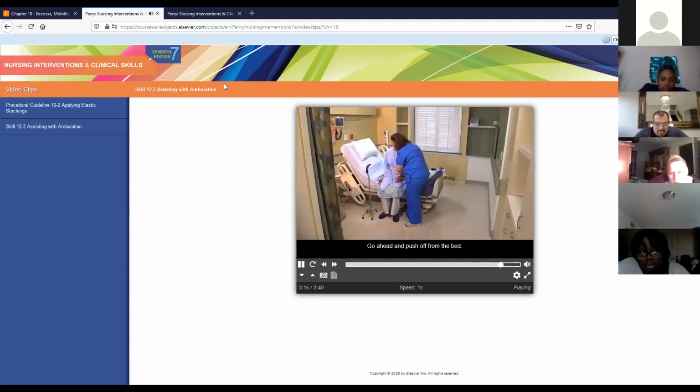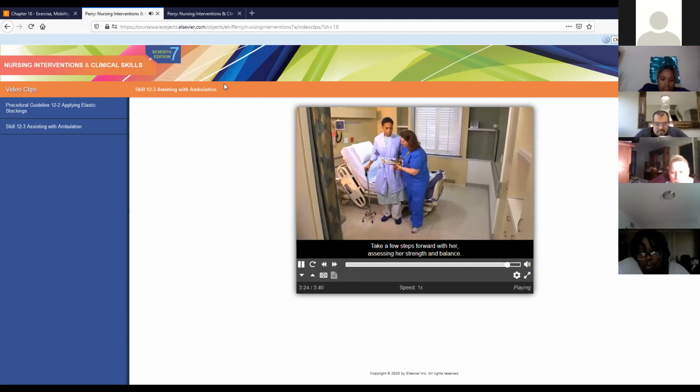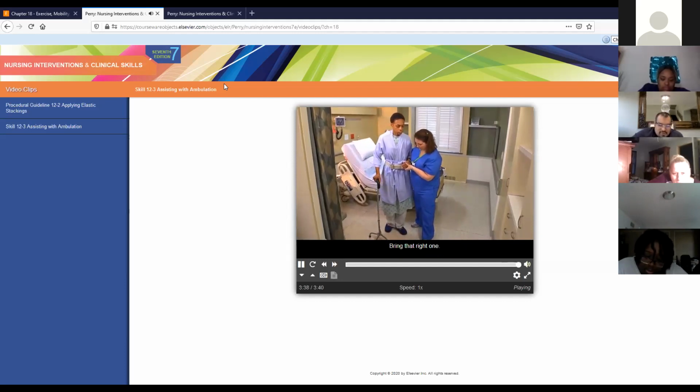Go ahead and push off from the bed. As the patient steps forward, grasp the gait belt behind her back near the middle. Take a few steps forward with her, assessing her strength and balance. Now your left leg and the right. Good. Cane. Good. Bring that right one.